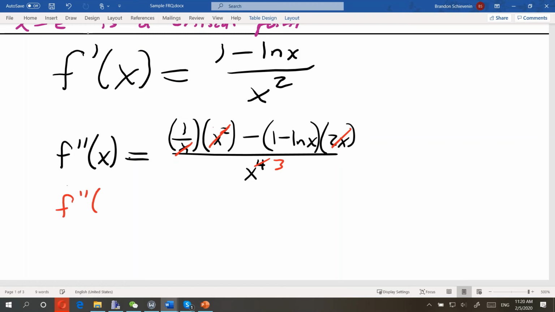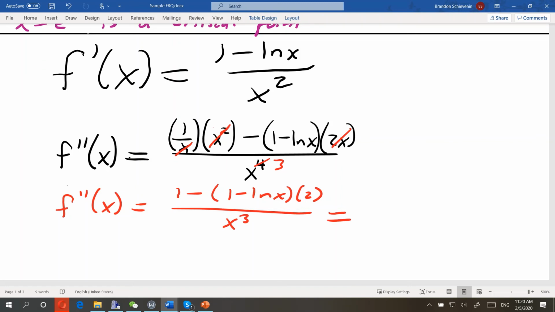So that would leave me with my second derivative equal to 1 minus ln x times 2 over x cubed. I'm going to multiply first. This is 2 minus 2 ln x over x cubed.